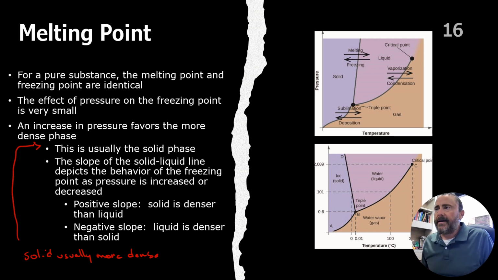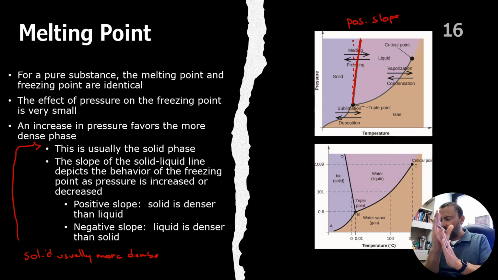And so when a solid is denser, then you will get what we call a positive slope. When we have a positive slope, I'm going to exaggerate it on here, the top one here is a positive slope. That slope kind of angles that direction there.